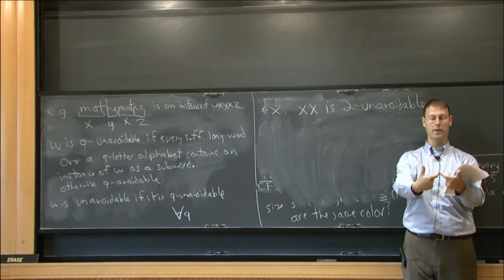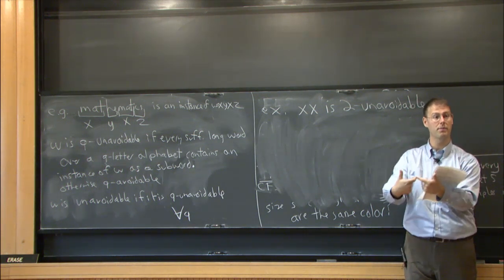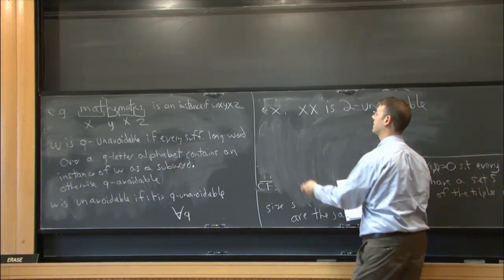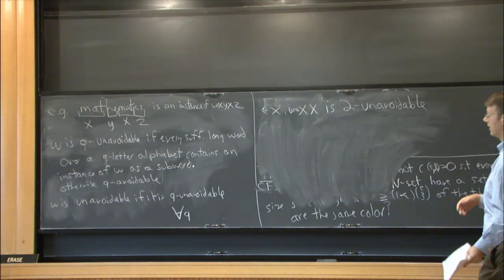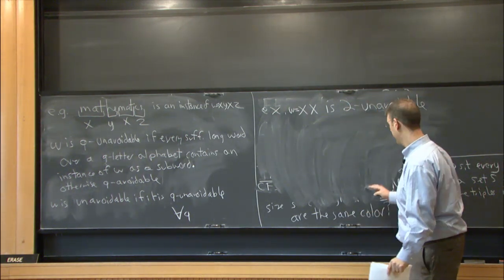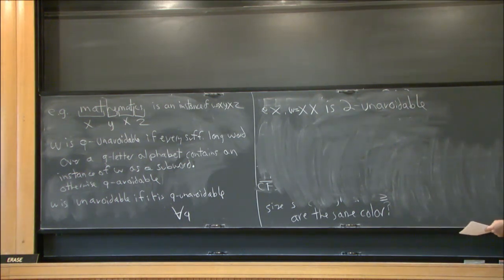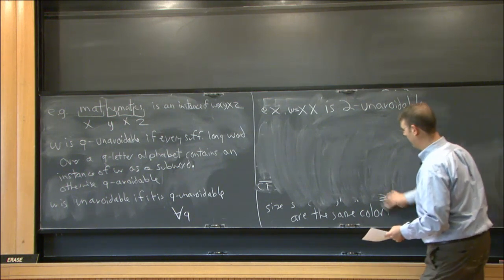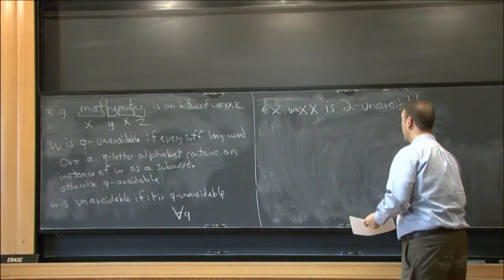You have two subwords, one after the other, that are identical somewhere in your word. If it has an instance of W as a subword, then you have what they call a square in it. So XX is 3 avoidable. So XX is 2 unavoidable.